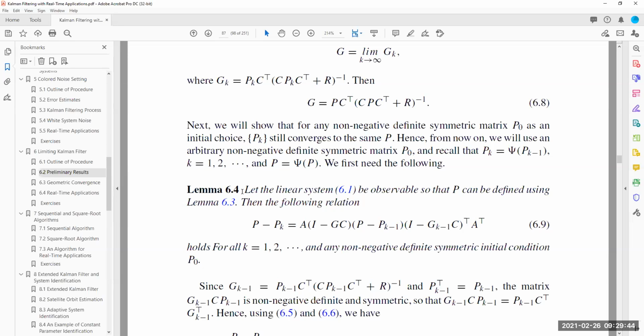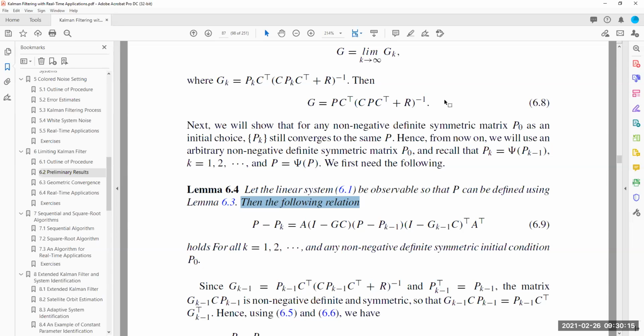So lemma 6.4 says, let the linear system 6.1 be observable. So P can be defined using lemma 6.3, the same, but it's also lemma 6.5. Okay, 6.3 and 6.5. Then we have this following relationship in this recursive form. It holds for all k is 1, 2.